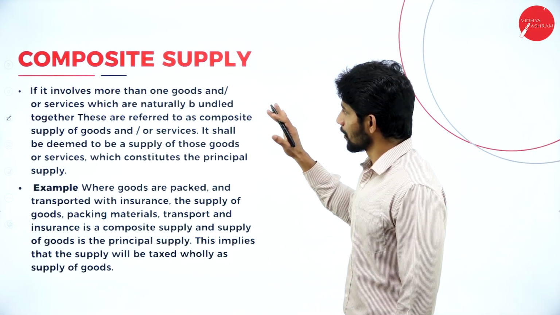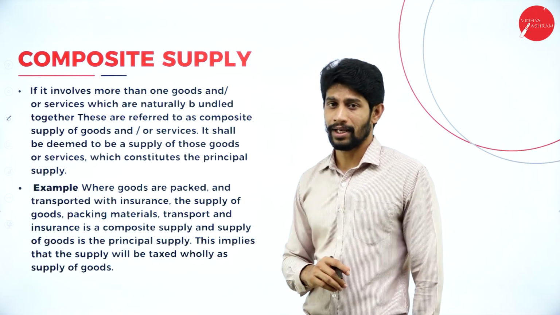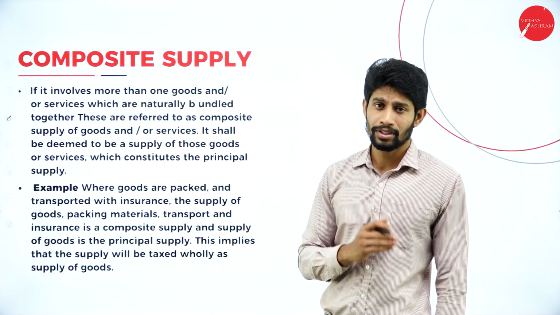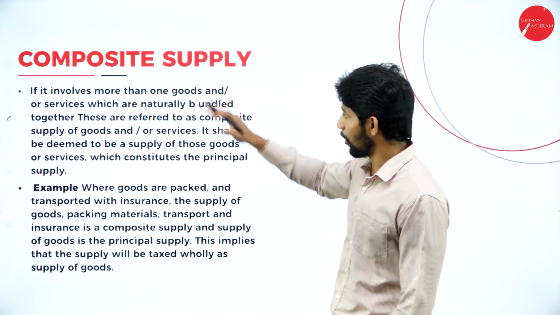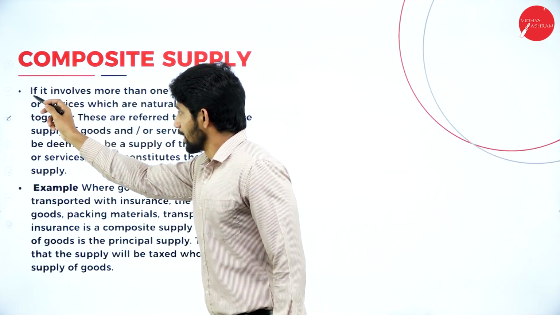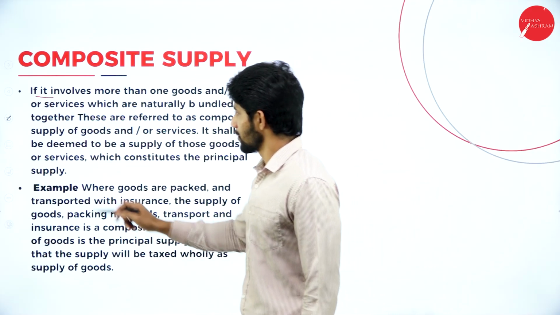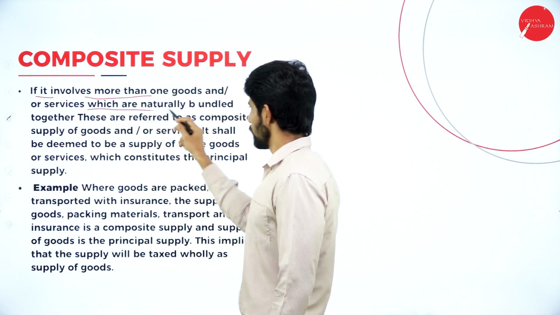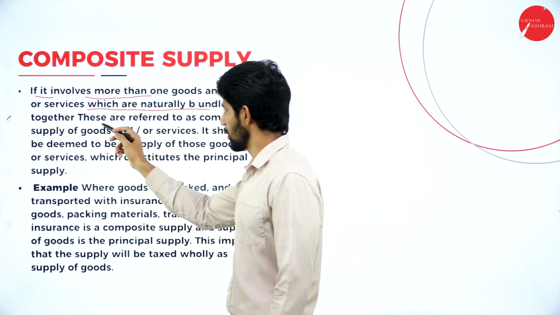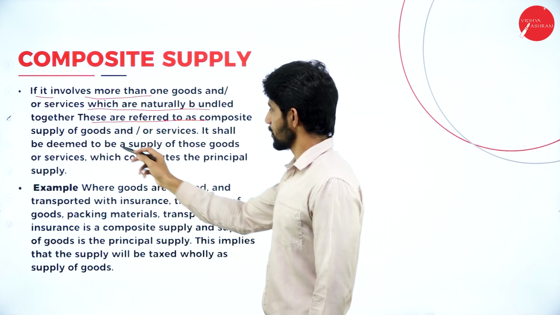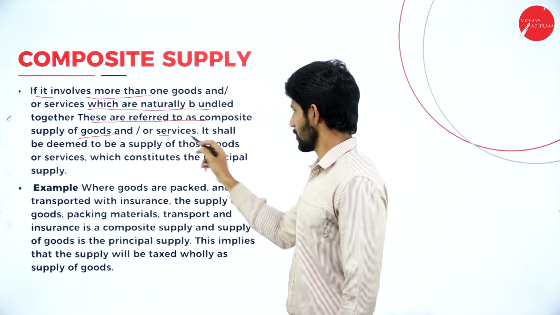Next one, composite supply. That is different from the composition levy scheme; this is composite supply. What is composite supply? If it involves more than one good or service which are naturally bundled together, they are referred to as composite supplies of goods or services.